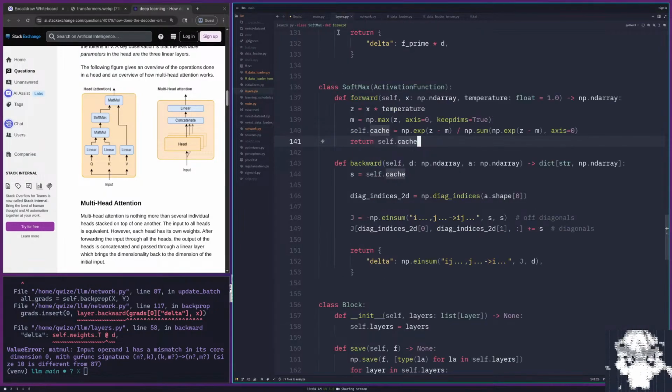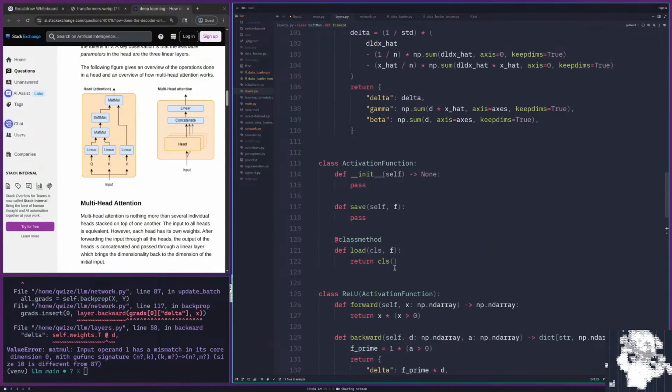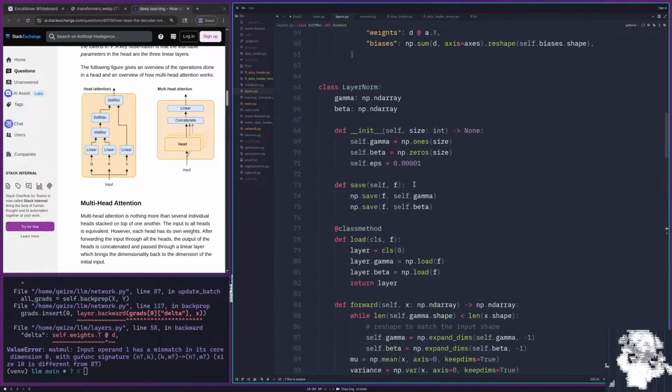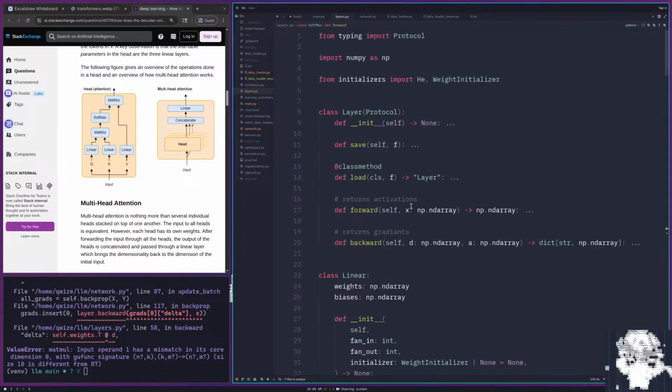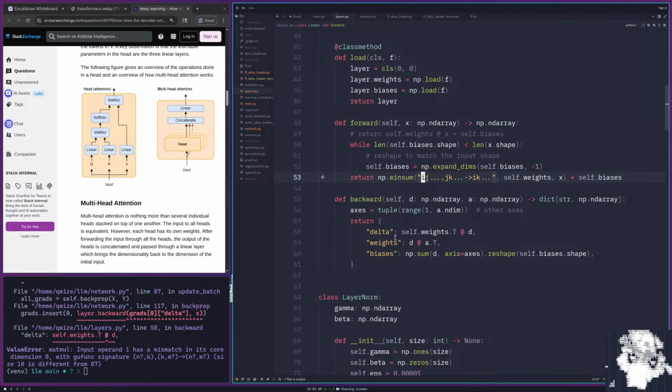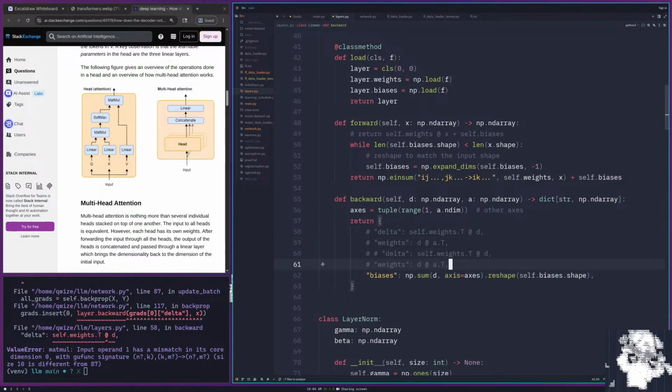So we changed away from doing matrix multiplication in the forwards pass of linear, and now we have to do the same thing in the backwards pass. So can't use matrix multiplication anymore. Gotta switch to einsum.